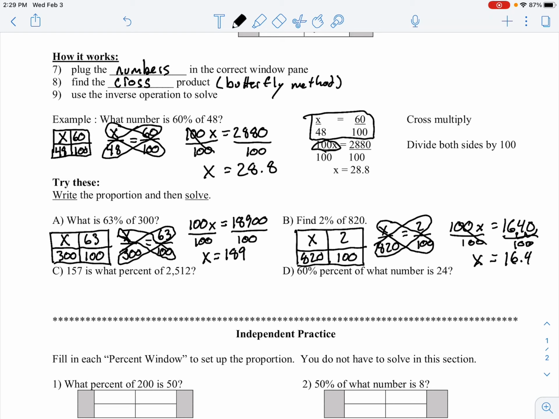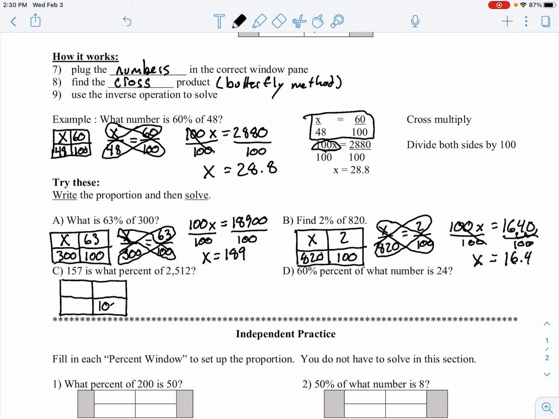All right, couple more here. So 157 is what percent of 2,512? So this is going to make our window look a little bit different here because we don't have the same things to plug in. So we want to make sure we're reading these sentences carefully.